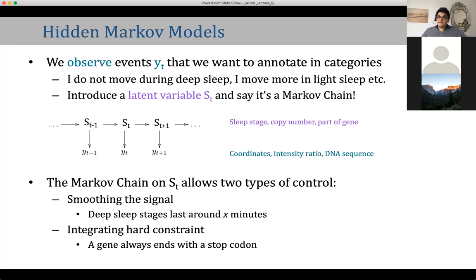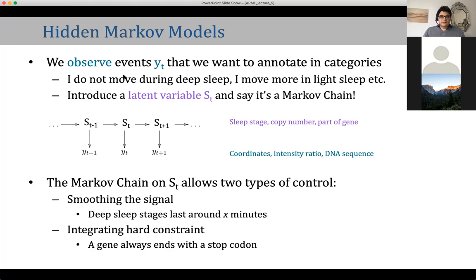We want to think that the observation we are getting has a value that depends on some hidden categories that we don't see. So we want to annotate, we want to classify into some categories given some observation. But the difference with the other classification is that now we observe values along a sequence, so across time. So there is some kind of time dependency between the observations.